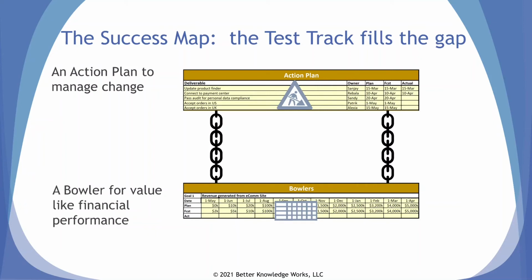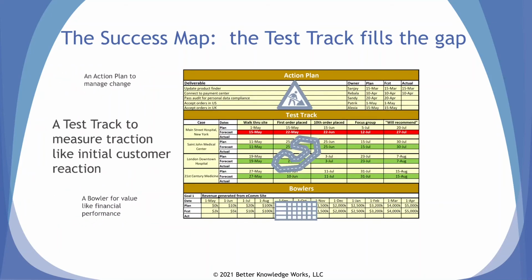If we lose track of the launch project before it starts delivering real value, problems can hide. The test track bridges that gap, measuring how products and services perform in the critical early cases. The plan for the entire success map is created at the start of the project. It represents the consensus of the organization for what we expect and how we'll measure it.